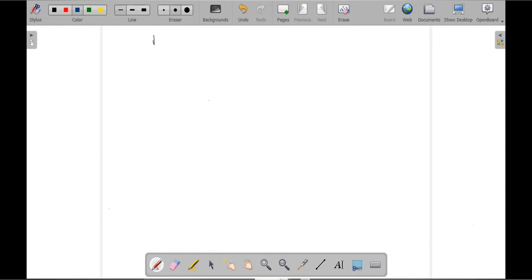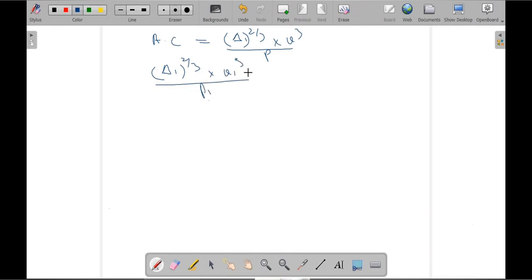One is admiralty coefficient is equal to delta, let us say, 2 by 3 into V cube over P. This is the formula, and using this formula we can write delta 1 2 by 3 into V1 cube divided by P1 is one set of conditions.